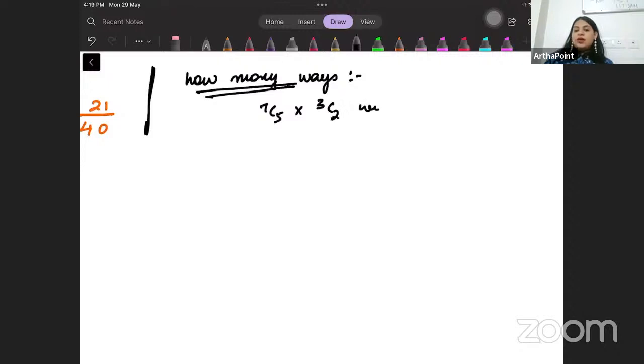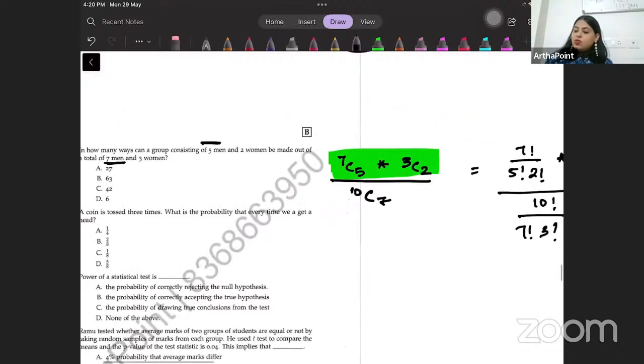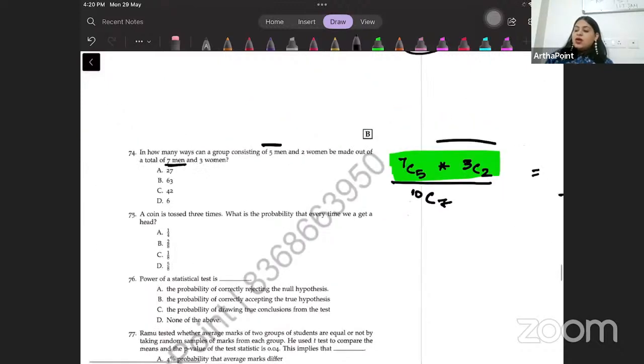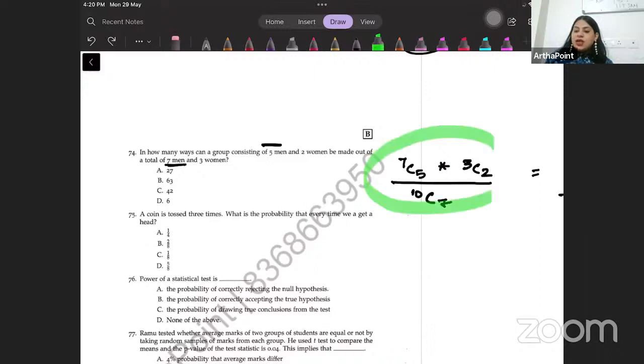So the numerator will come down to 63. So the answer will be 63 ways. The numerator tells you the possible number of ways, the favorable ways. But numerator by denominator gives you probability. If they had asked you probability, you would find this entirely. And if they ask how many ways, you will only find the value of the numerator. So the answer will come B.